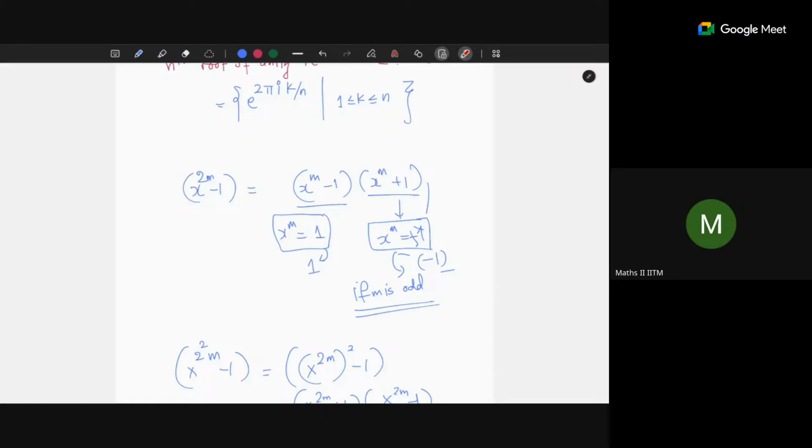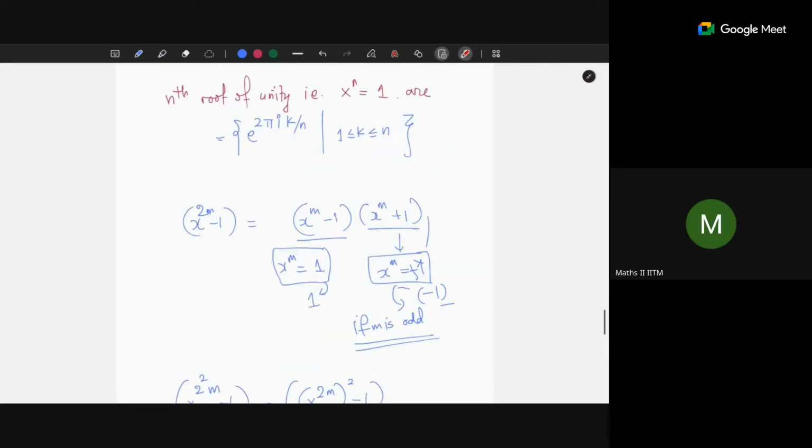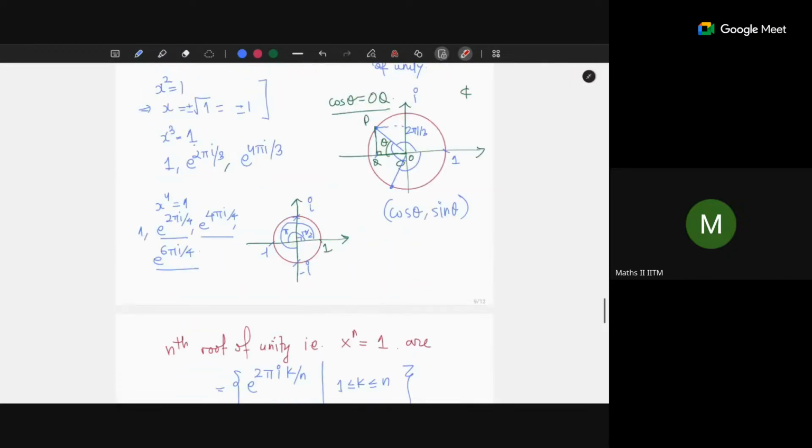Or you can argue in this way also. So this seems easier to me. The geometrical way, I don't have an immediate argument for that.